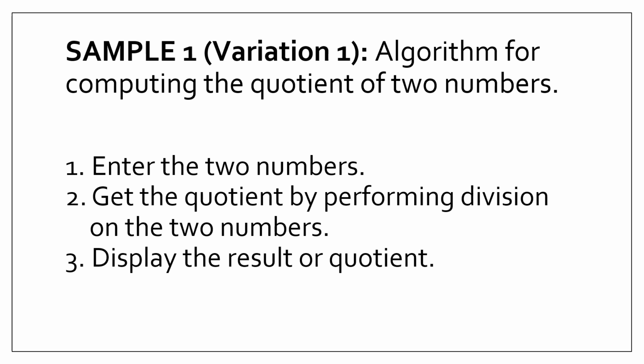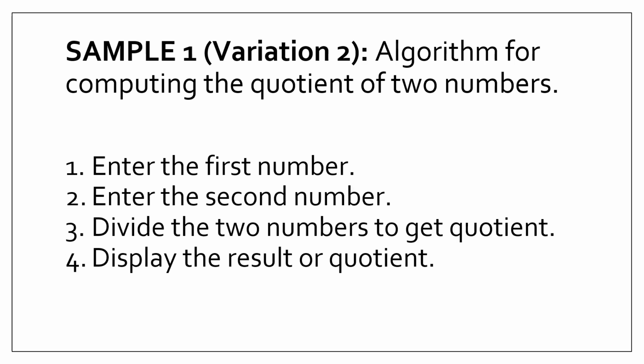Now I need you to observe this variation compared to the previous variation. The previous variation asks for the numbers from the end user, and these numbers will be divided so that we'll be able to get the quotient. However, on this variation, we did not ask the user to enter the two numbers right away.